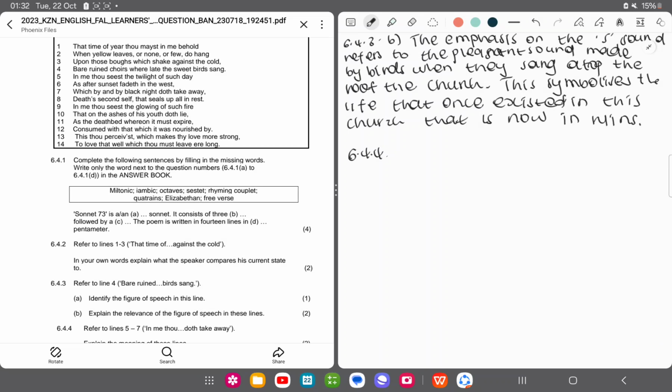lines, we can say in these lines the speaker compares aging to a day, right? So we say the speaker compares aging to day.